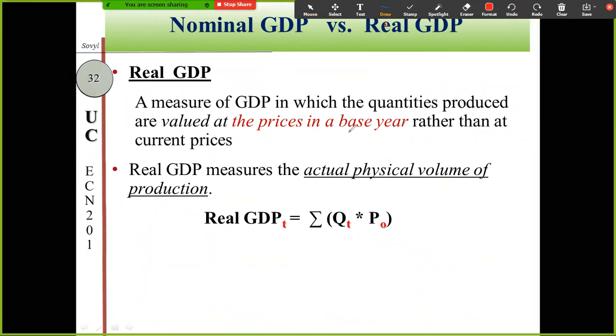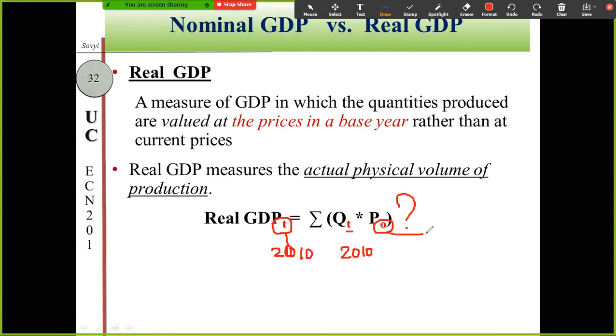Now suppose that I want to find real GDP 2010. P_t times Q_t, that's why Q is from 2010. But for the price I will put a question mark. How about P_0? What year is year 0?